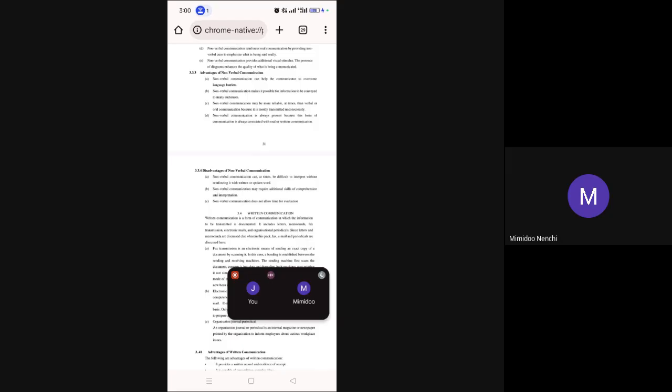So disadvantages of non-verbal communication, we'll just read through this, then we continue in our next class. Non-verbal communication can at times be difficult to interpret without reinforcing it with written or spoken words.